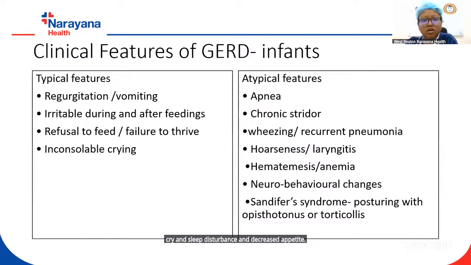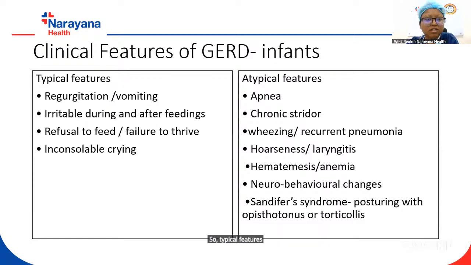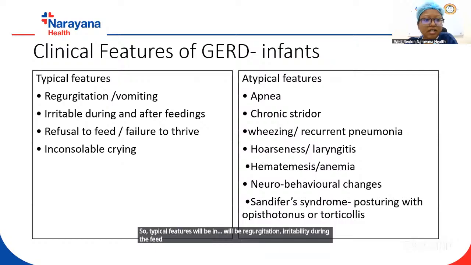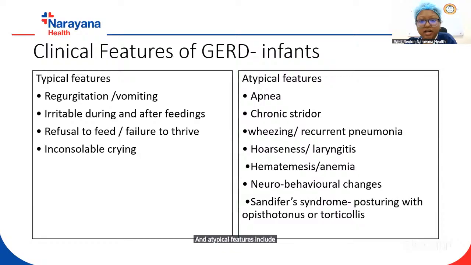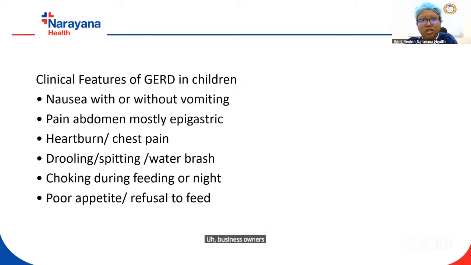These are all the clinical symptoms. Typical features in infants will be regurgitation, irritability during the feed, refusal of feed, inconsolable crying, and atypical features include apnea, stridor, hoarseness, hematemesis, and Sandifer syndrome, which is posturing with opisthotonus or torticollis.